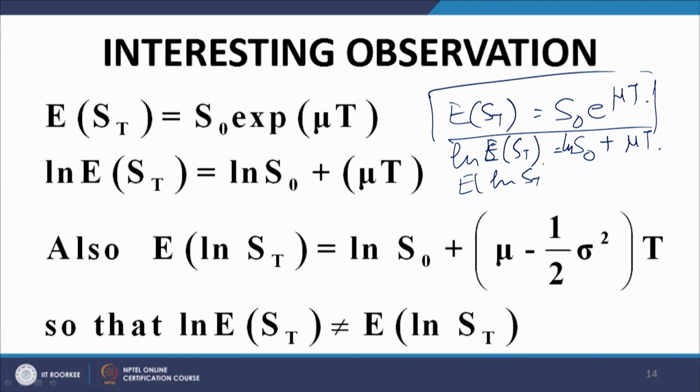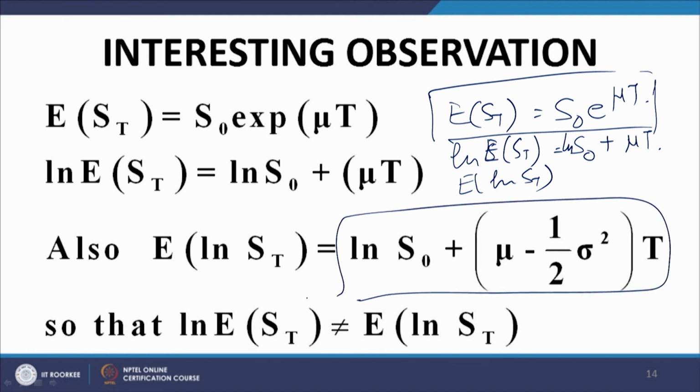We have just seen that log of S t is normally distributed with a mean which is equal to log S naught plus mu minus 1 by 2 sigma square t, in the box, and a variance of sigma square t, and therefore, the expected value of log S t is nothing but the mean value, and that is equal to the expression that I have put in the box.